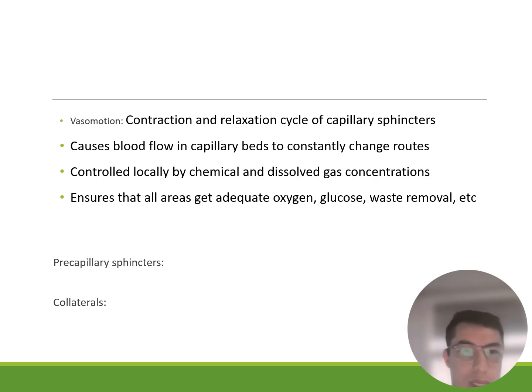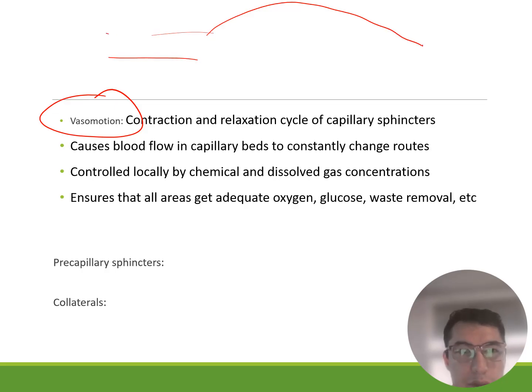So for instance, with vasomotion. Vasomotion is the idea that we're shunting blood from one section of the capillary bed to another section of the capillary bed, and that is where it is needed. We have a capillary bed right here. We're going to picture the arteriole feeding this capillary bed, and we have up to 10 of them. Okay.